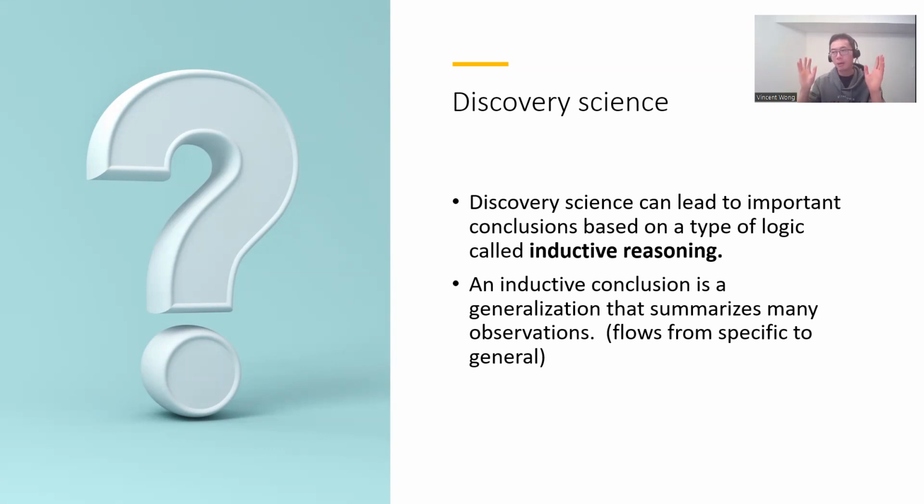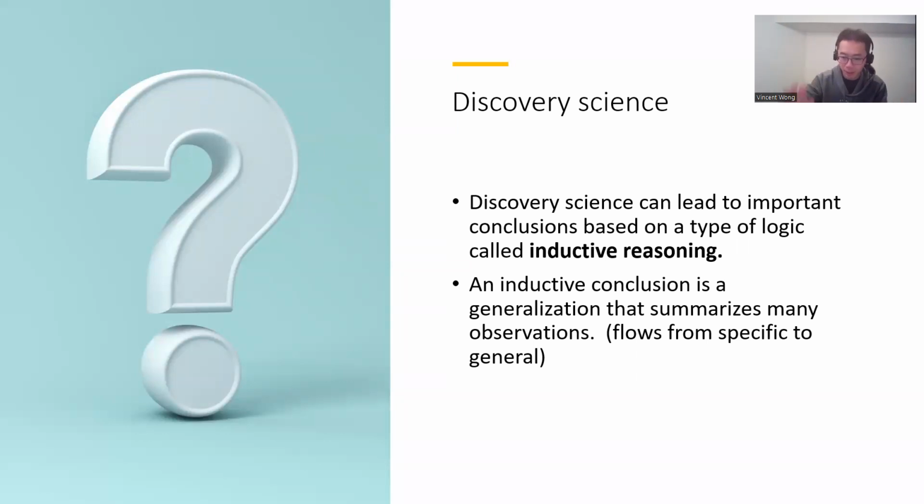That sounds really complicated, but all you're doing is coming up with a generalization. You look at this, you look at that, and you see some similarities. You take all these specific cases and then you come up with a broad statement.